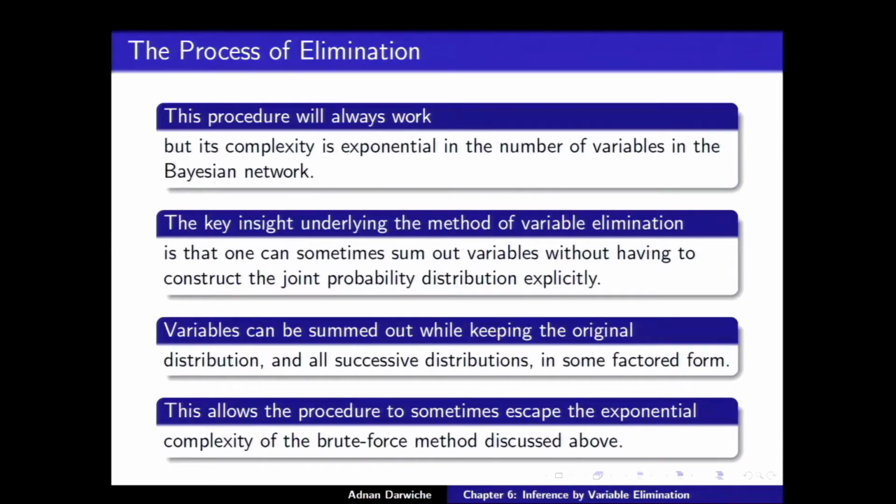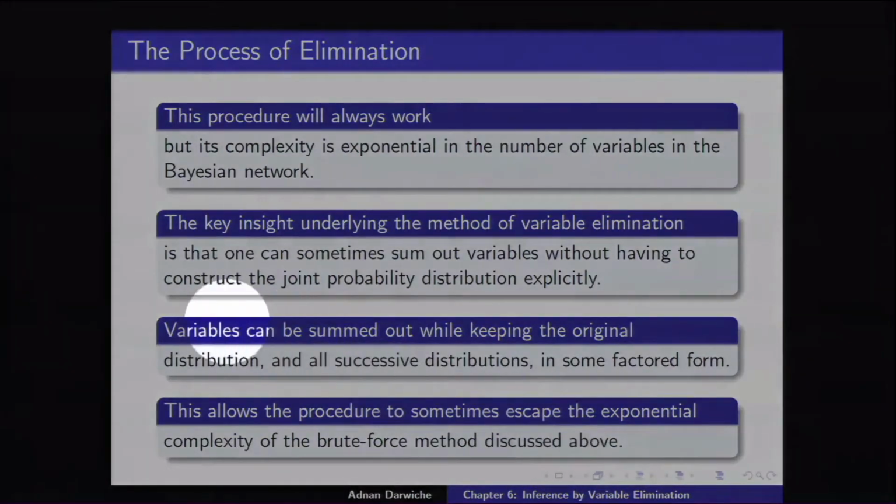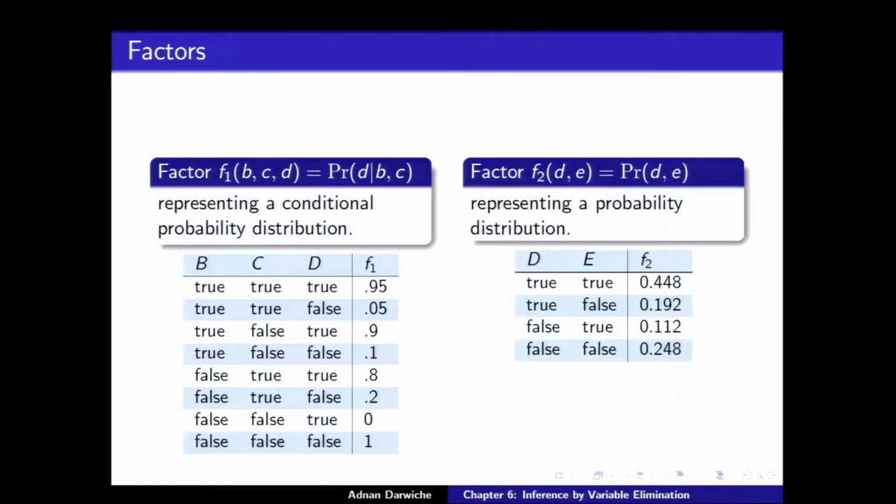Okay, we're going to make a few observations, and you're going to see how we can do the same thing without ever constructing the joint. The idea is the variables can sometimes be summed out while keeping the original distribution and all successive distributions in some factored form. Now, how would that happen?